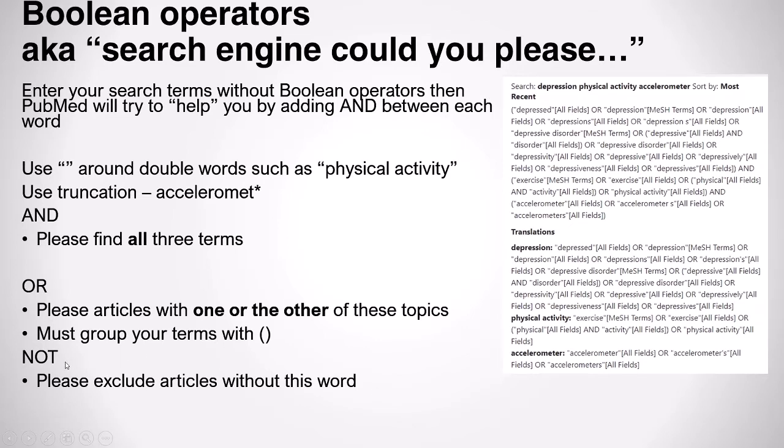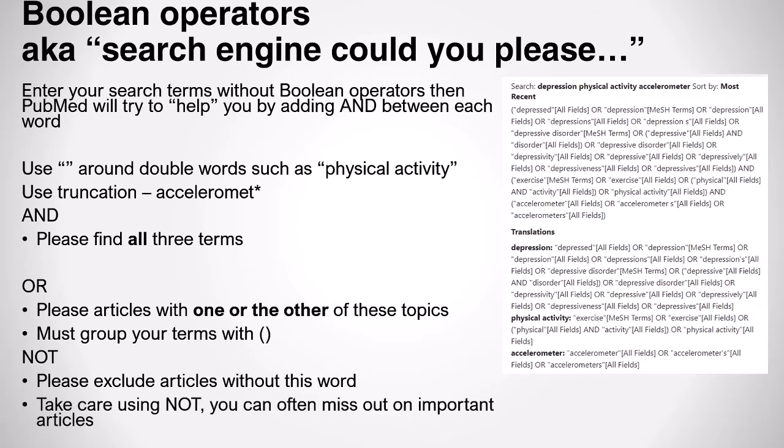I wasn't interested in COVID in my systematic review, so I'd exclude that. A good example there. Take care that you don't overzealously use the operator NOT, as it can exclude too many studies, so just bear that in mind.